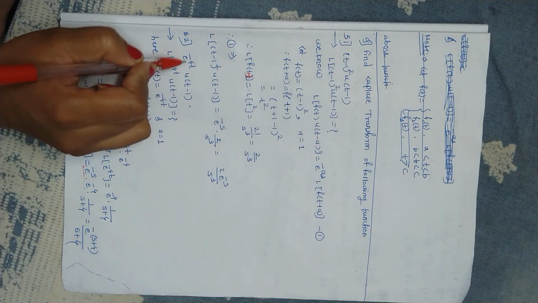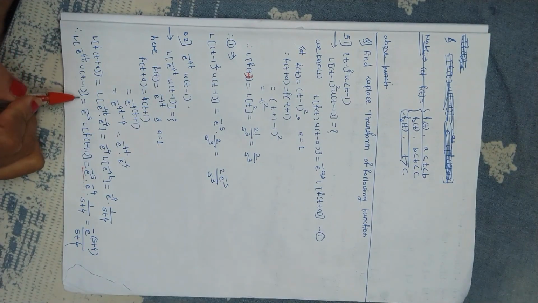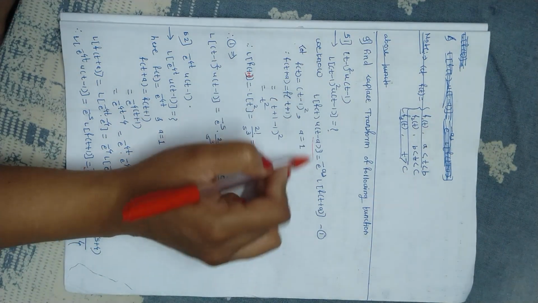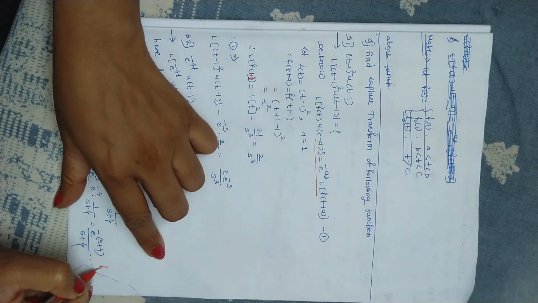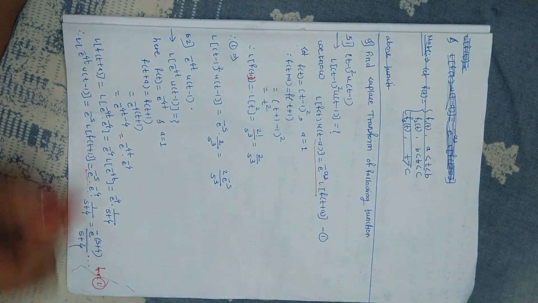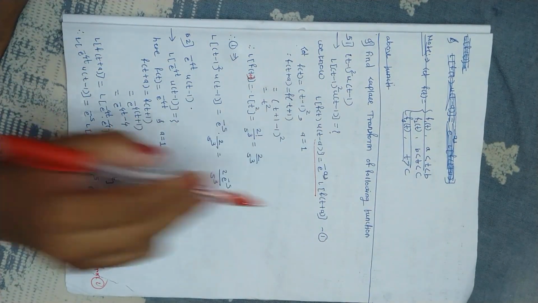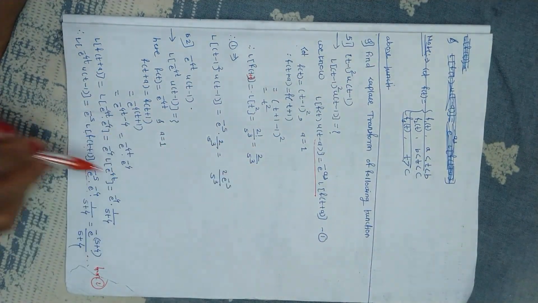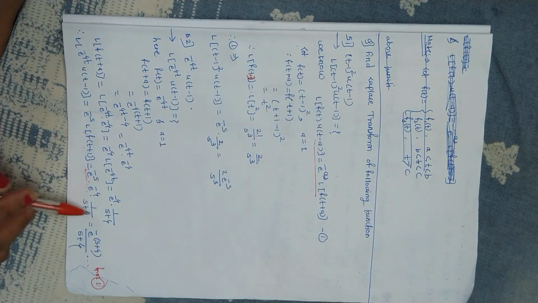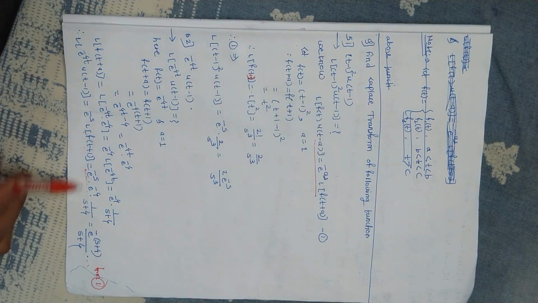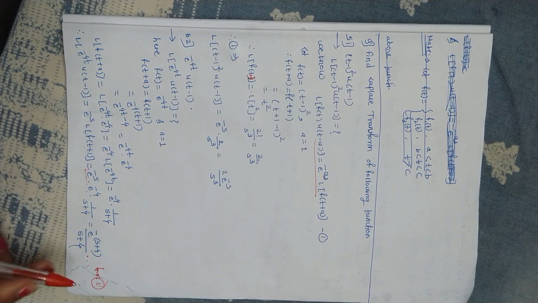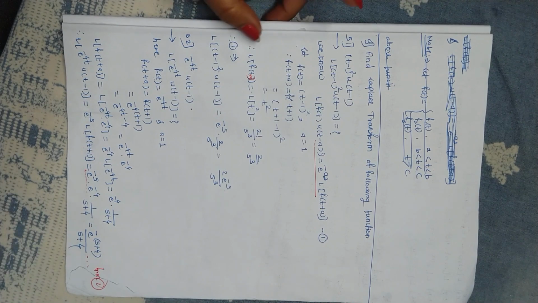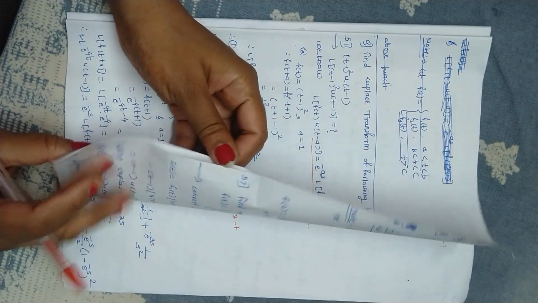We get the Laplace of the original example, e raised to minus 4t u of t minus 1, equal to e raised to minus a s, where a is 1, times the Laplace of f of t plus 1, which is e raised to minus 4 times 1 upon s plus 4. Now add the indices, because the base is the same: e raised to minus s plus 4, upon s plus 4. This is the most simplified answer for this Laplace.